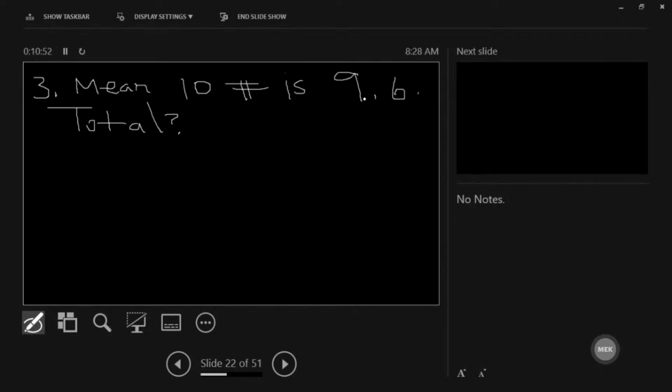You multiply the mean by the number of items. So we know when we're multiplying by 10, we just move the decimal point 1 place. So that would be 96.